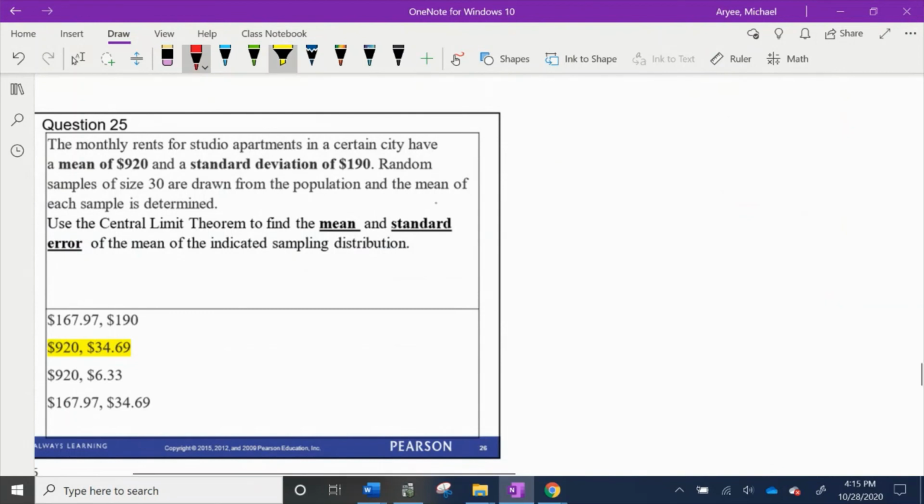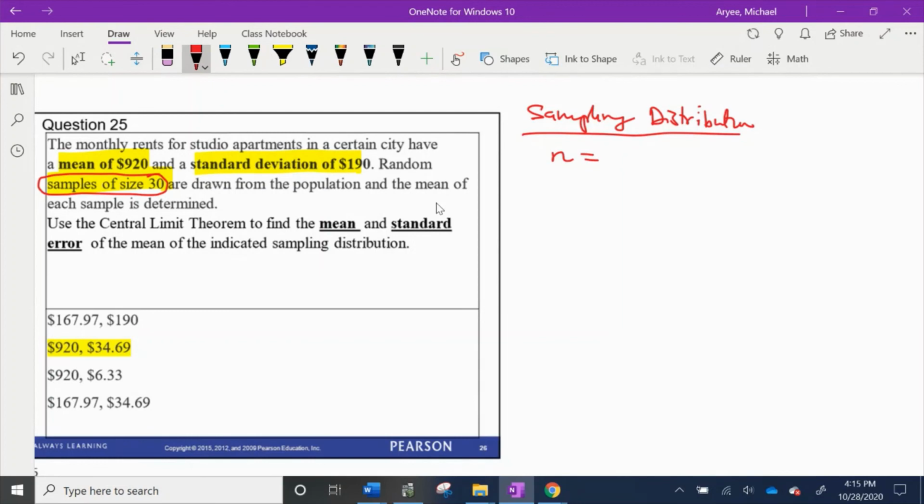Okay, so here we have a mean, we have a standard deviation. Oh, there's a sample size. So usually when they give you a sample size, think more of a sampling distribution, with a mu x bar and a sigma x bar. They took 30 people, mu is 920.